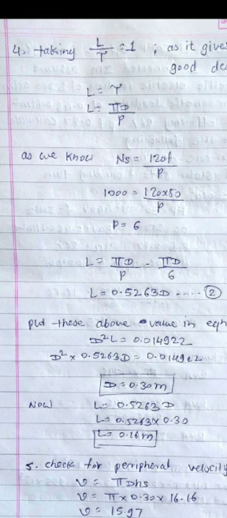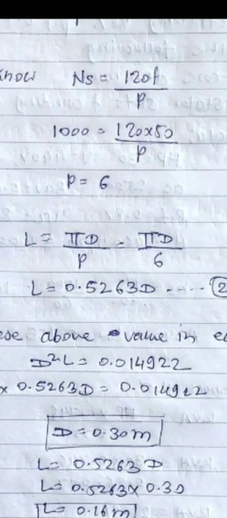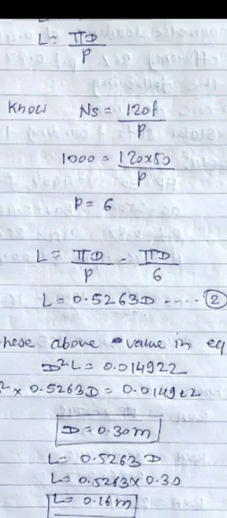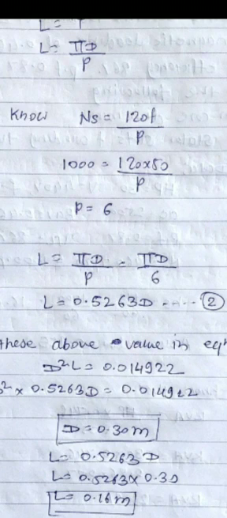Put that value in and calculate, and p becomes 6. Put that value of p in the above equation, L is equal to pi d divided by p, where p is 6. Calculating that value, L becomes 0.5263 d. Call this equation number 2.